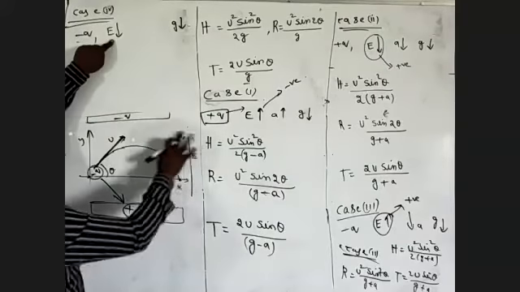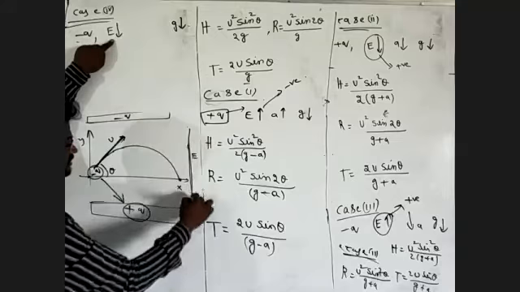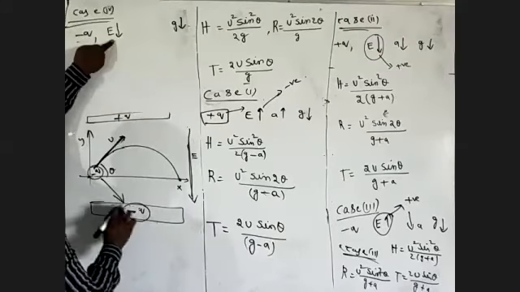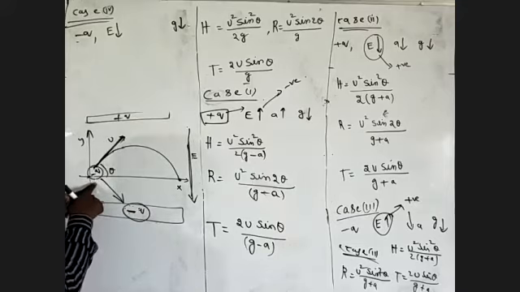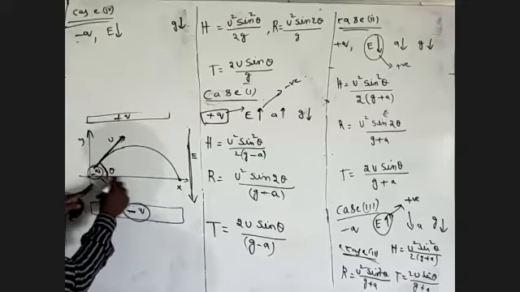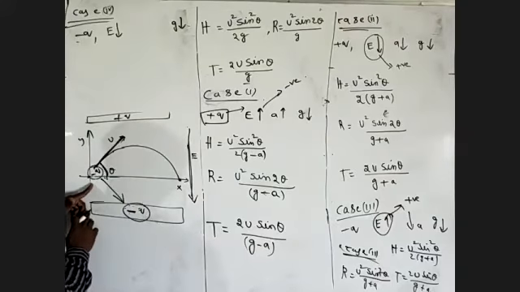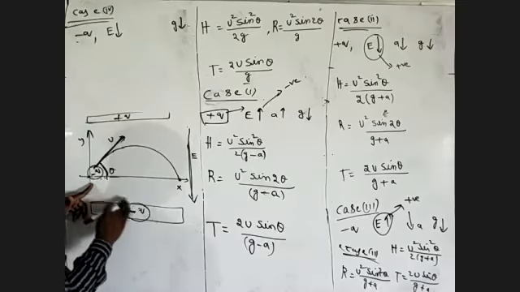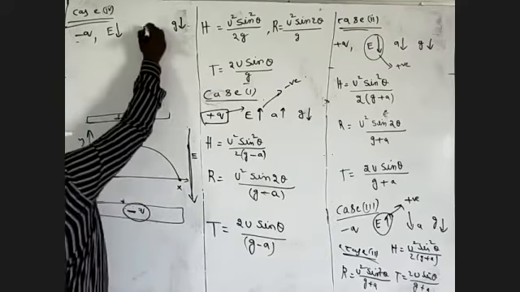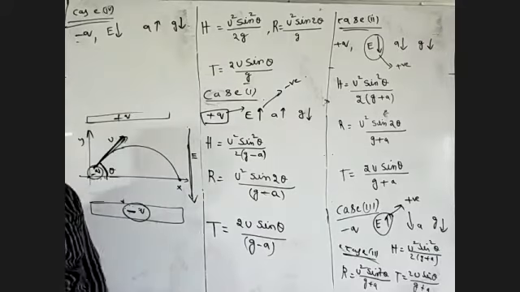Electric field downward means the top plate is positive and the bottom is negative. The negative charge is projected in space with a velocity u, making angle theta with the horizontal direction. But this negative charge will be repelled by the negative plate in an upward direction. Acceleration is in an upward direction.